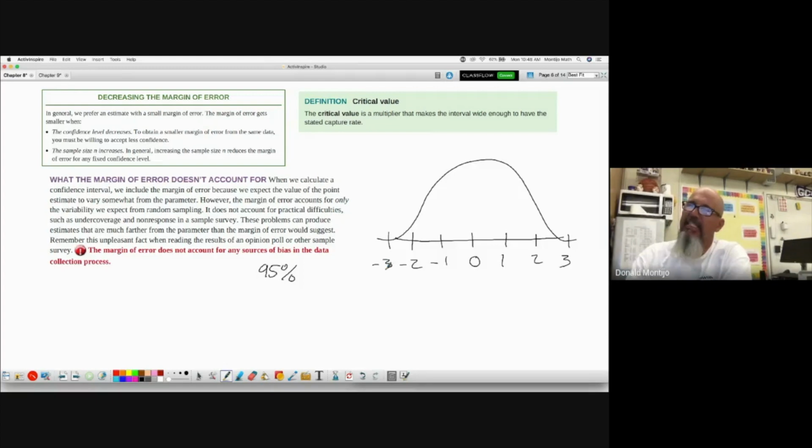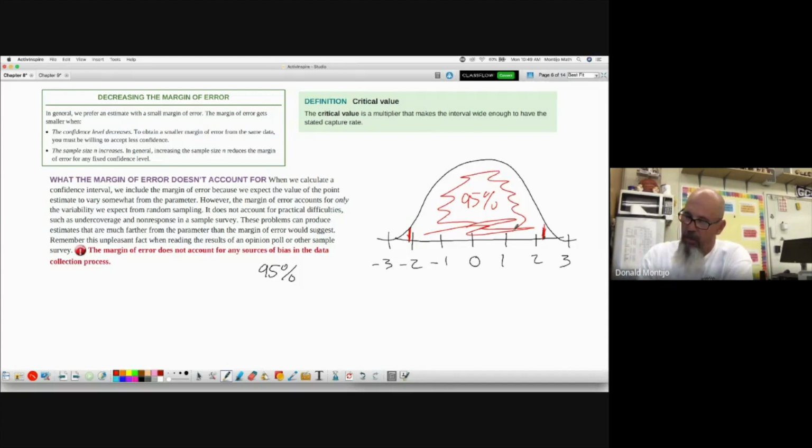Let's see the exact multiplier or critical value for a 95% confidence interval. And to do this, we're going to have to use table A. So if I want to be 95% confident, that means that 95% of the data is within here.